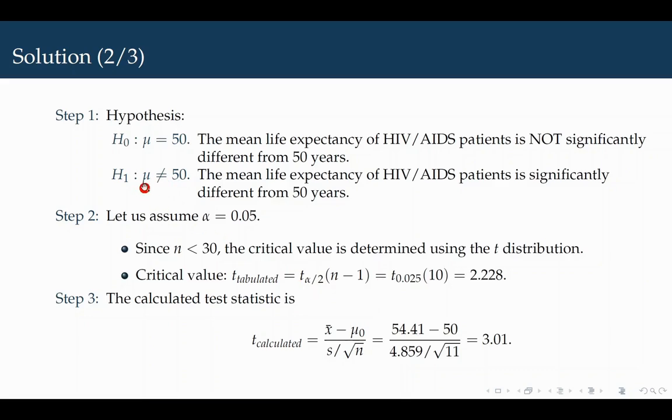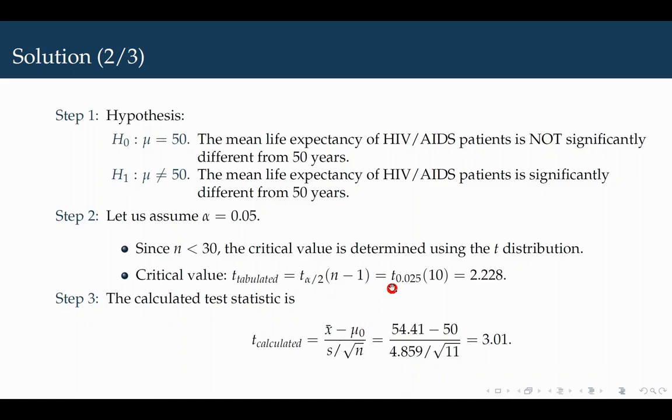But for now it is mu is different from 50, so we have to divide the level of significance by 2. So the tabulated value of the test statistic based on the T distribution is T alpha over 2 with n minus 1 degrees of freedom.